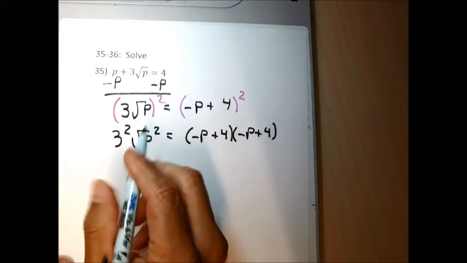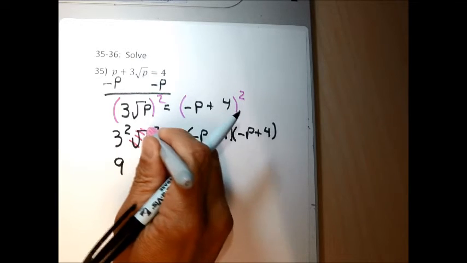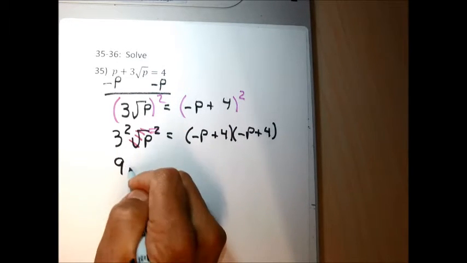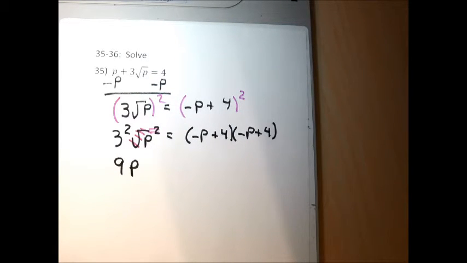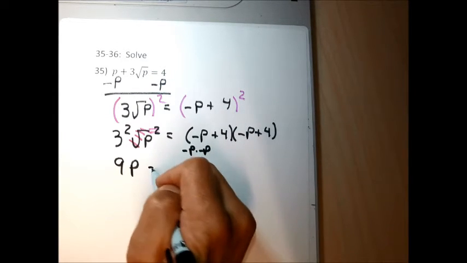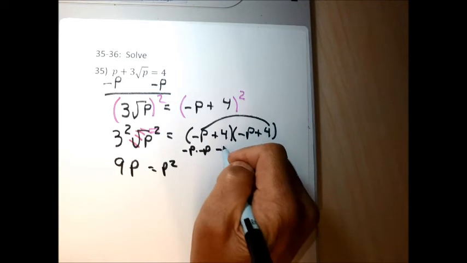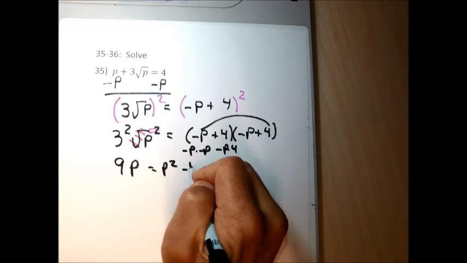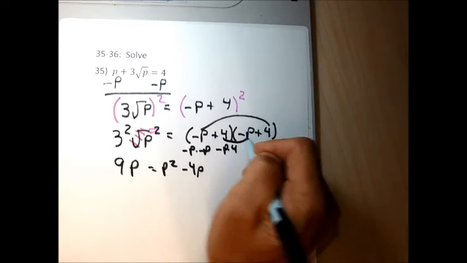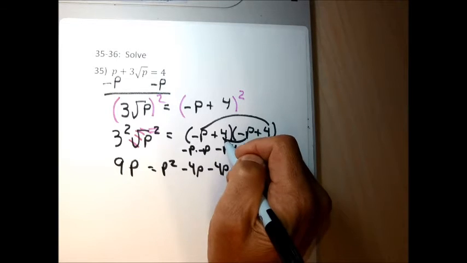On the left side, 3 squared is 9. And when you square a square root, the square and the square root cancel, and I just have a p there. On the right side, I do firsts, which are negative p times negative p, which are positive p squared. Outers are negative p times 4, which is negative 4p. Inners are 4 times minus p, which is a minus 4p.